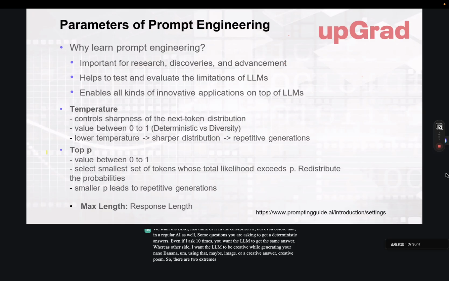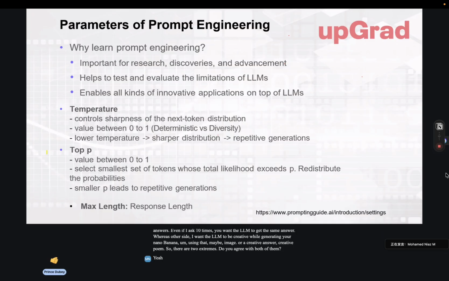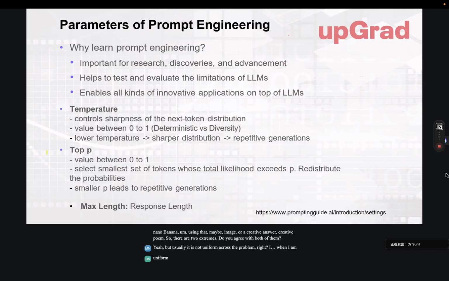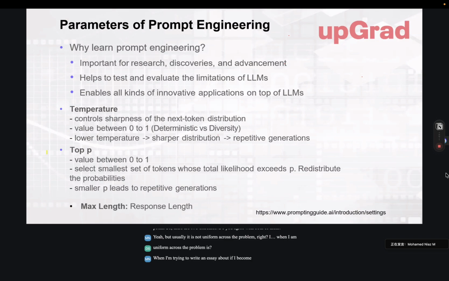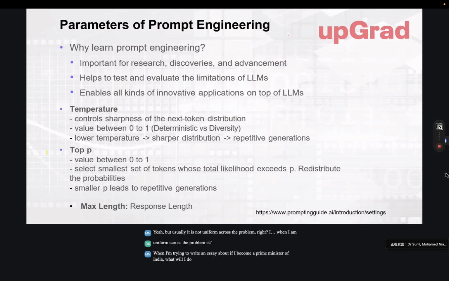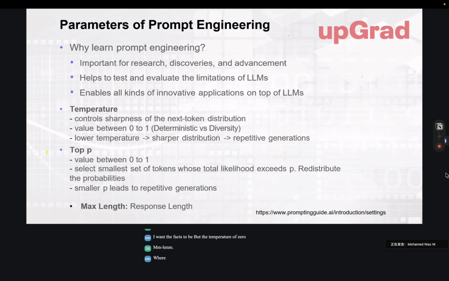Do you agree with both of them? Yeah, but usually it is not uniform across the problem, right? Uniform across the problem means, when I am trying to write an essay about what I will do if I become prime minister of India, I want the facts at a temperature of 0, whereas the ideas at a temperature of 1, right?